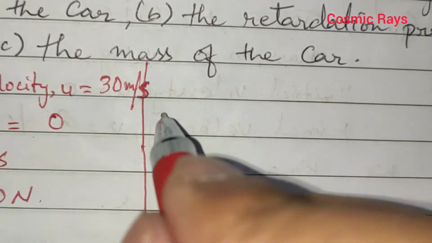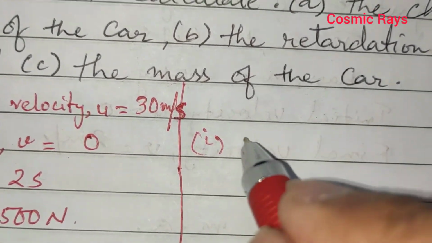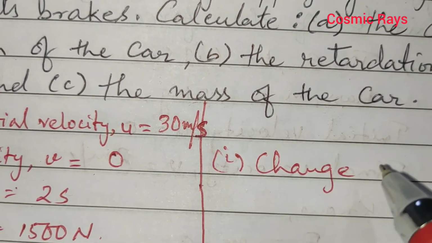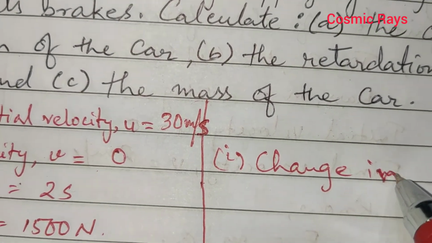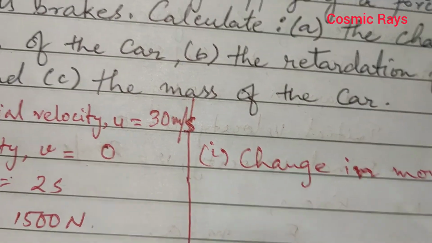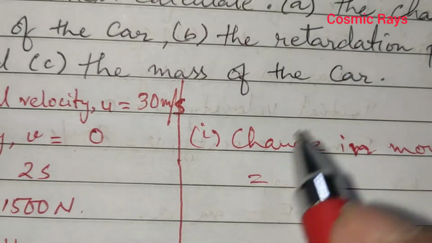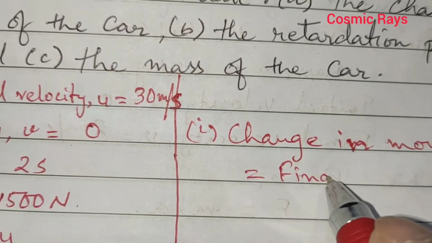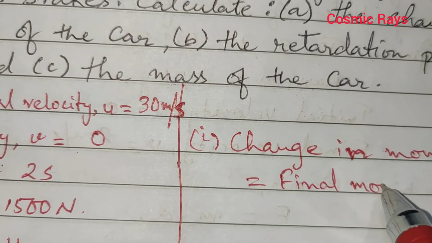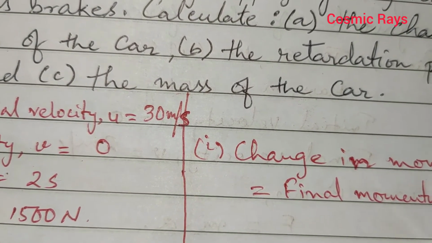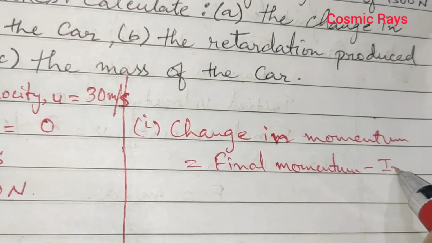The first part of the question says we have to find the change in momentum. So change in momentum is final momentum minus initial momentum.